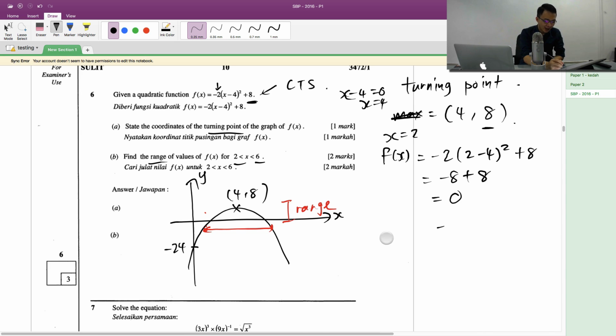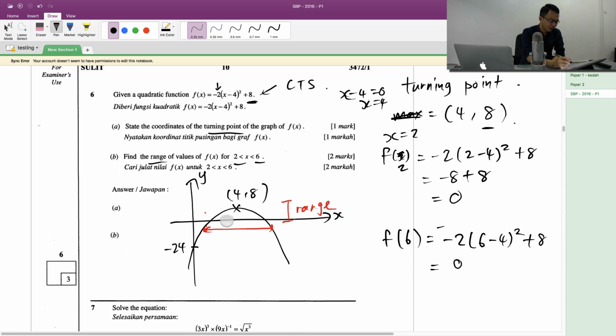Then I substitute 6 into it: negative 2 times (6 minus 4) squared plus 8. This is 2, 2 squared is 4, 4 multiplied by negative 2 is negative 8, plus 8, so this is 0 also.